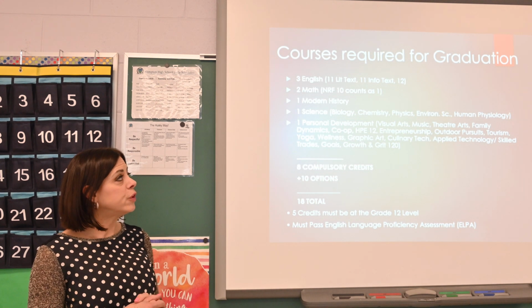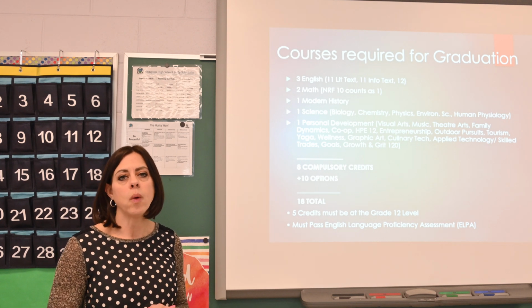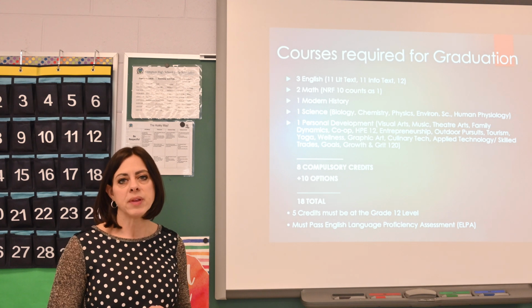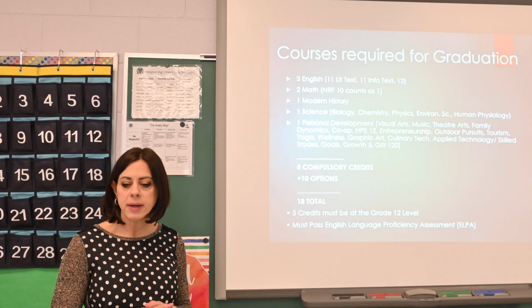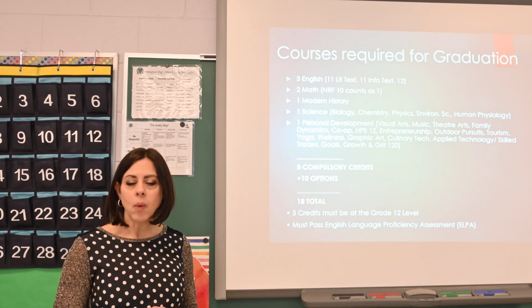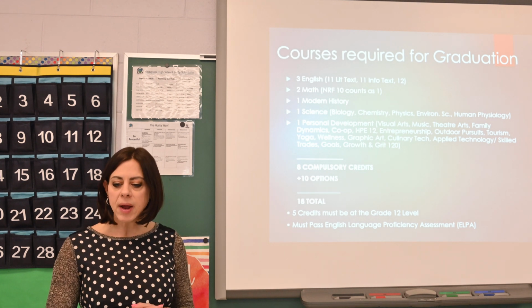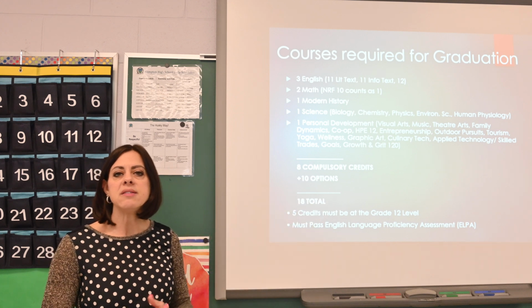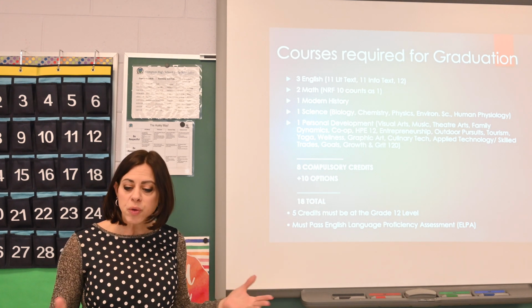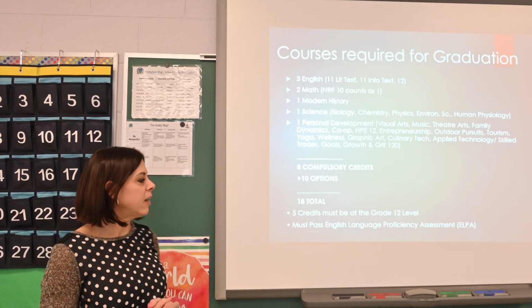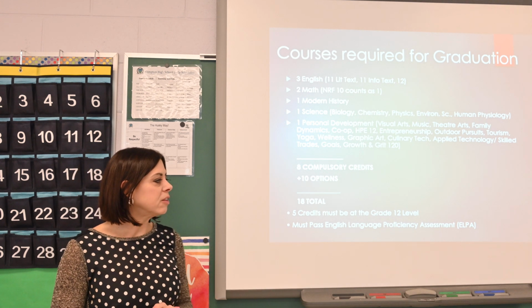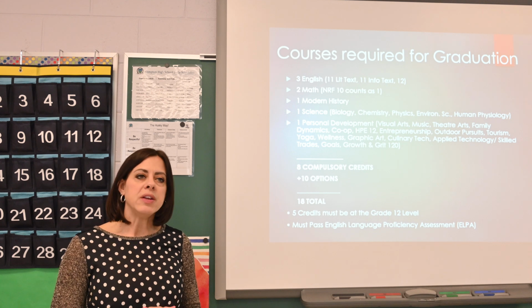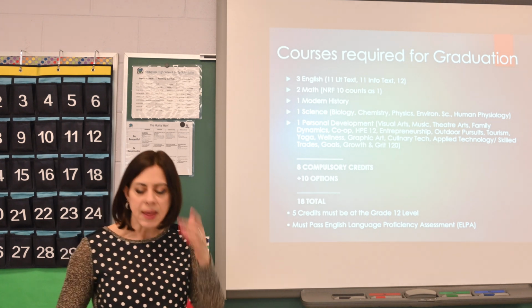They need a full year of grade 11 English and 1 semester of grade 12 English, 2 math courses, but the Numbers, Relations, and Functions 10 does count as 1, 1 modern history, 1 science, 1 personal development credit. That's a total of 8 compulsory courses, and then at least 10 more optional courses, 5 at the grade 12 level. They also have to pass the English language proficiency assessment, which they would have done in grade 9. If they didn't pass it in grade 9, they would have written it again this year.